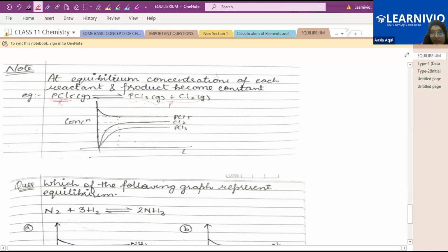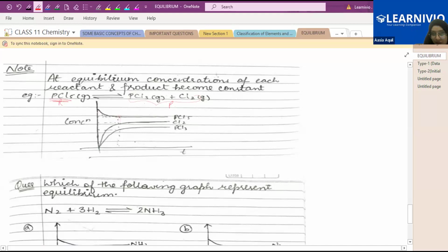So here you can see this is the graph of PCl5, which is a reactant. The concentration of the reactant is decreasing, and after some time, at this point, they are aligned, and then they become constant. So at equilibrium, the concentrations of PCl5, PCl3 and Cl2 become constant.